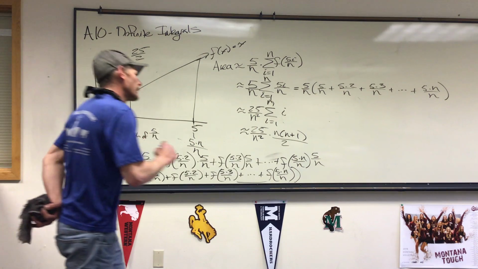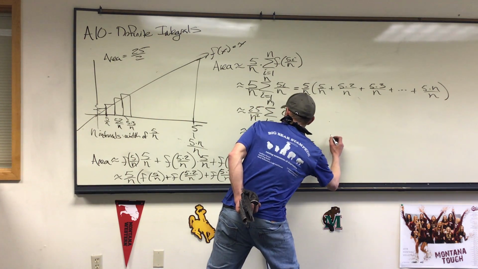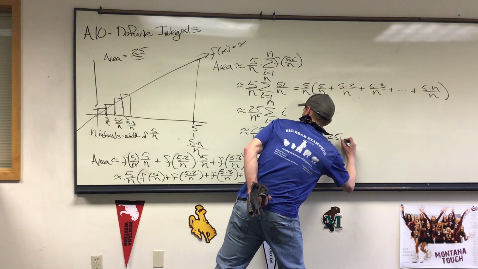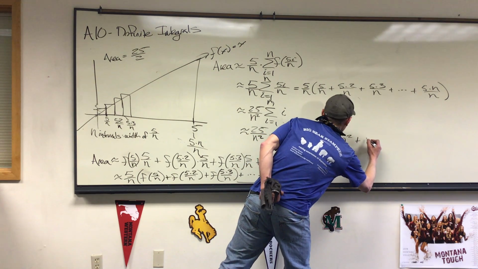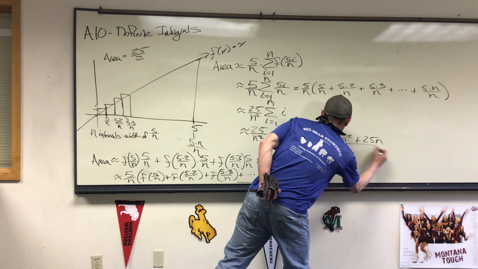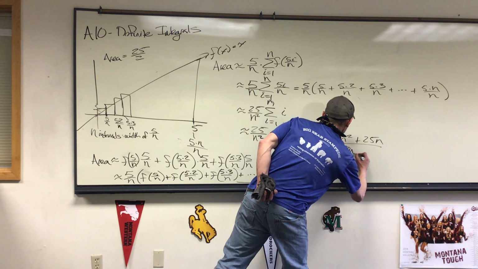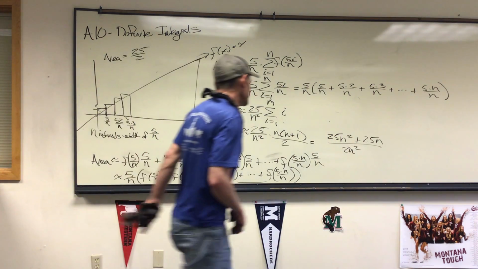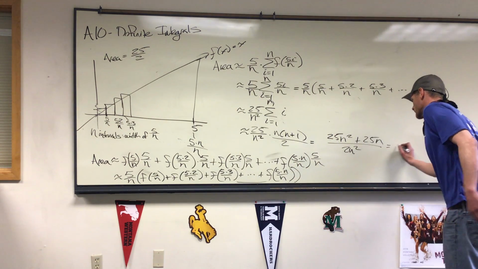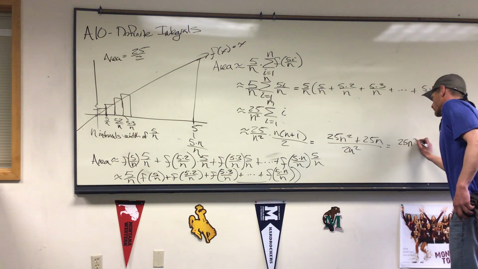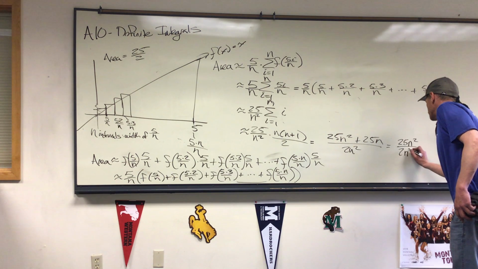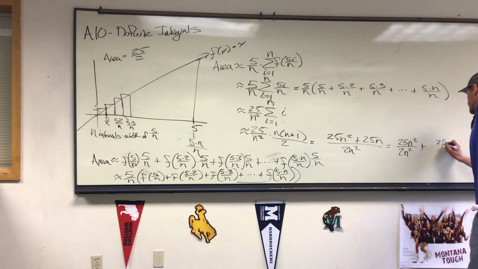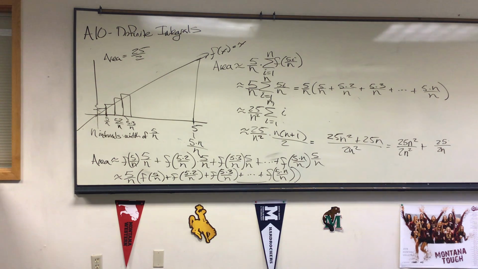And so I can rewrite that as 25n squared plus 25n over 2n squared, which I can further decompose into fractions as 25n squared over 2n squared plus 25n over 2n squared, which is going to reduce to 25 over 2n.